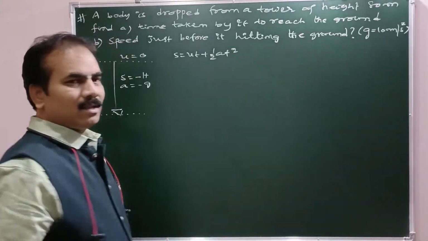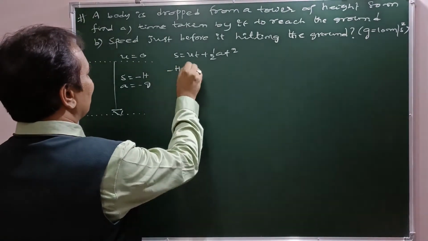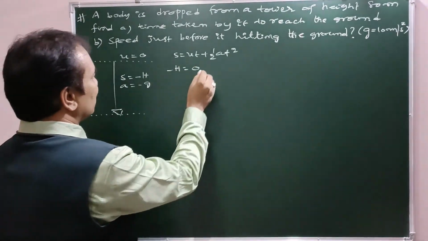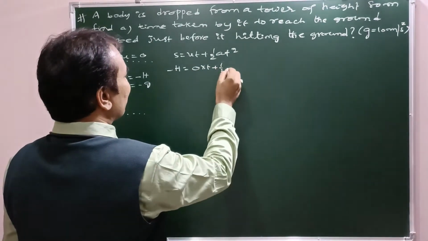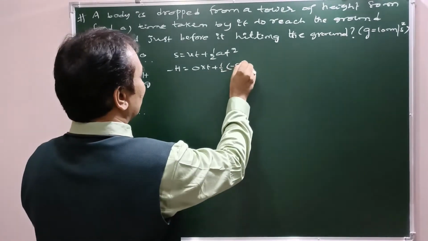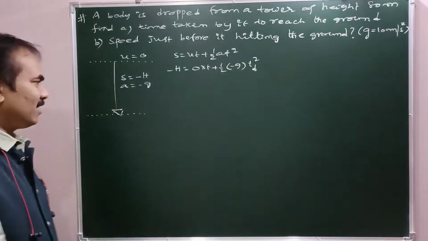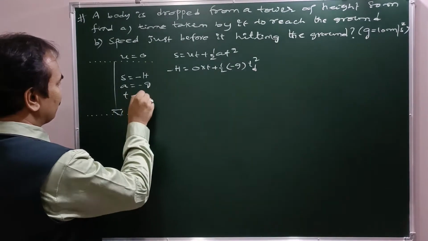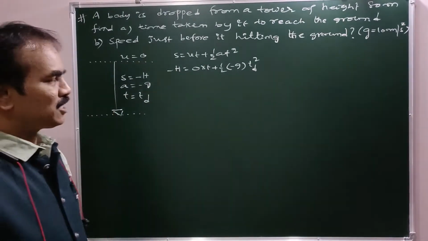So we know that s equal to ut plus half a t square. Am I right? Now take sign convention, s means minus h, u means 0, 0 into t, plus half into a means minus g, into t means time of descent, t equal to td. Time of descent, otherwise time of flight also in this case especially.